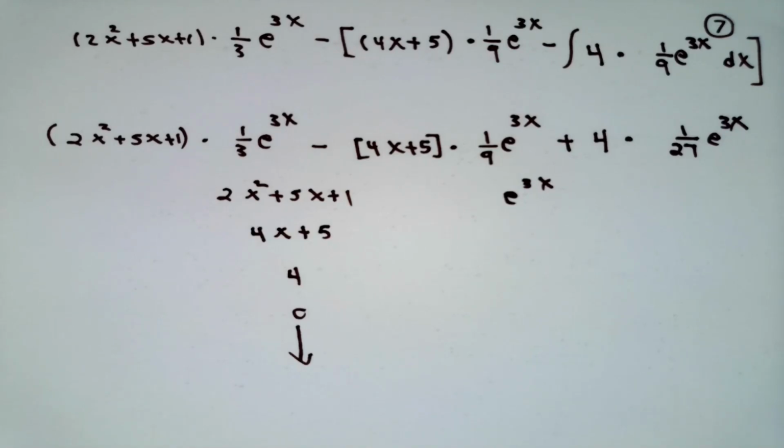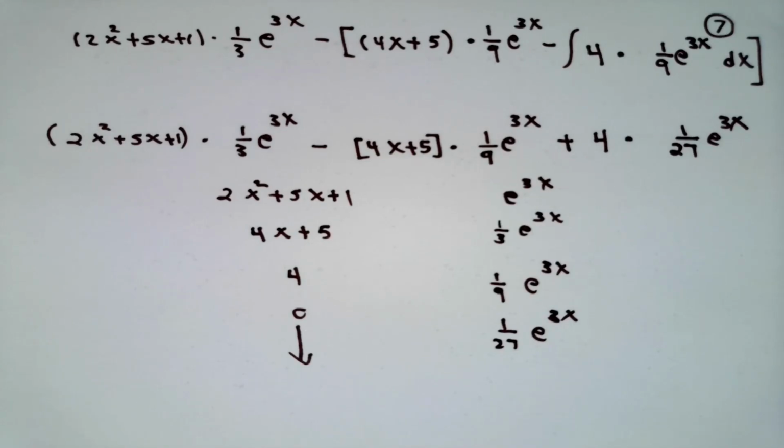The derivative of that is the constant 4, and all further derivatives are 0. Integrating, not differentiating, the other quantity, I get 1/3 e to the 3x, 1/9 e to the 3x, and 1/27 e to the 3x.